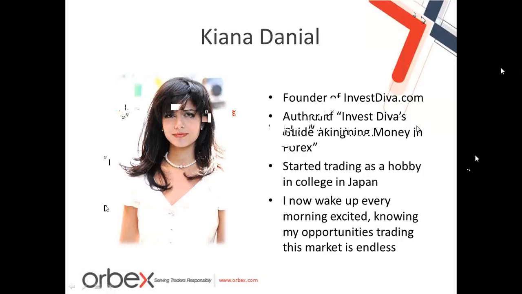The 7 major currencies are the ones from Europe, the US dollar of course, Japanese yen, British pound, Swiss franc, Australian dollar, Canadian dollar, and New Zealand dollar. These are all the majors.